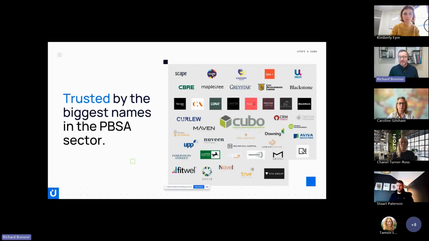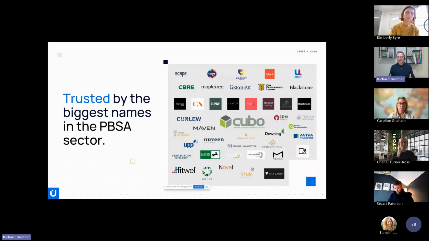Over the last 4 or 5 years, as you saw from the roadmap, they've worked with a multitude of partners, primarily in the PBSA space across the UK, but also internationally as well.